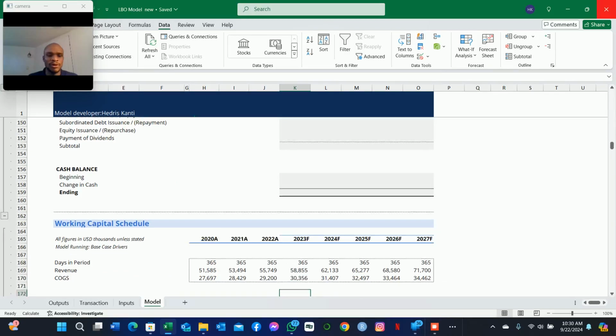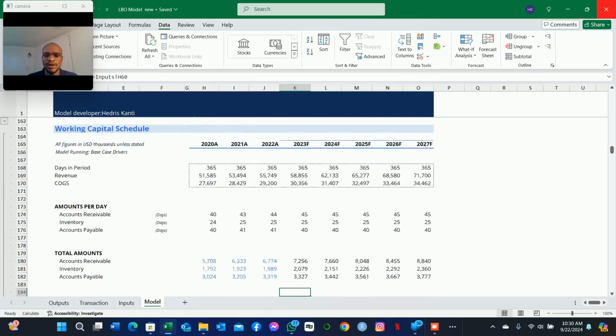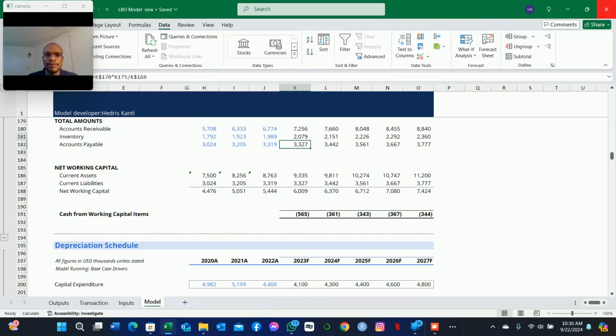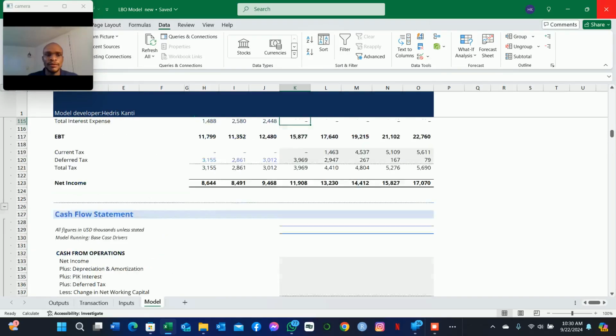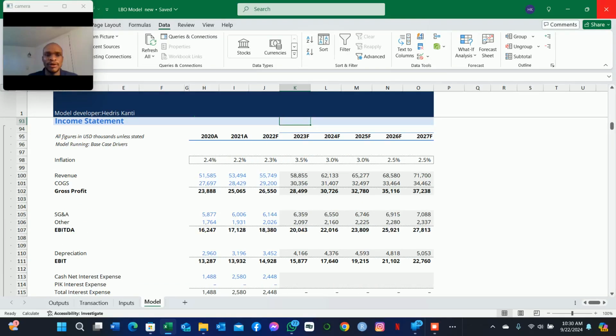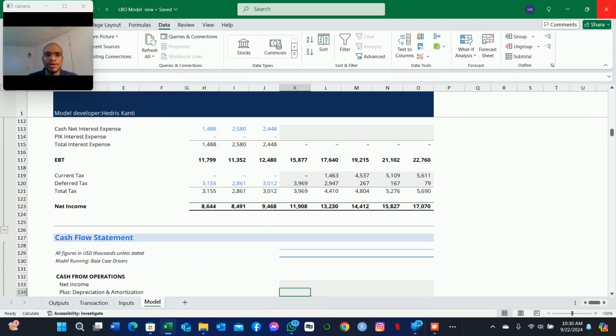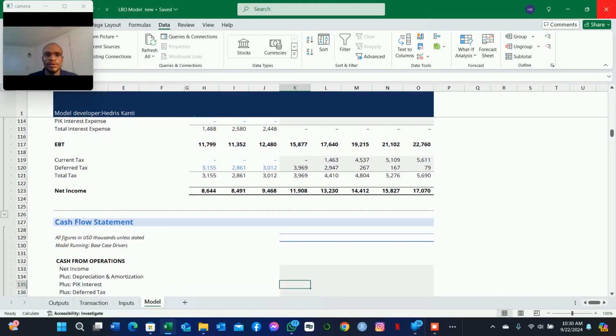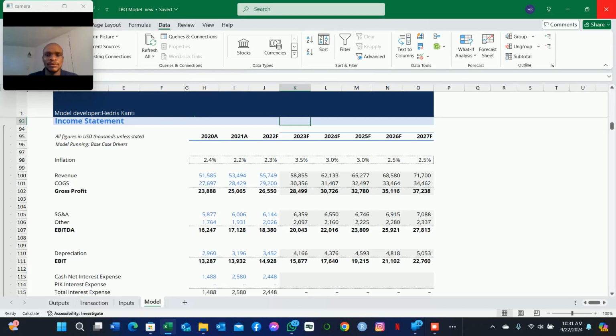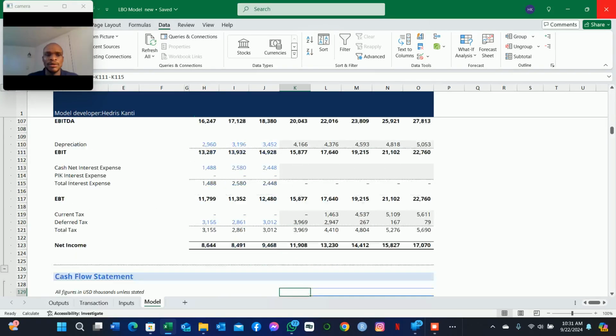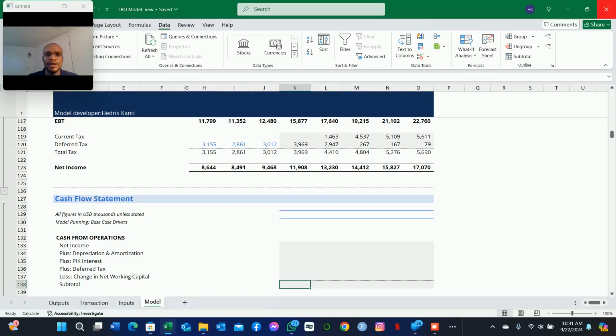So we have to model all of these going forward. We already had our income statement set up for us. So now we are ready to begin.